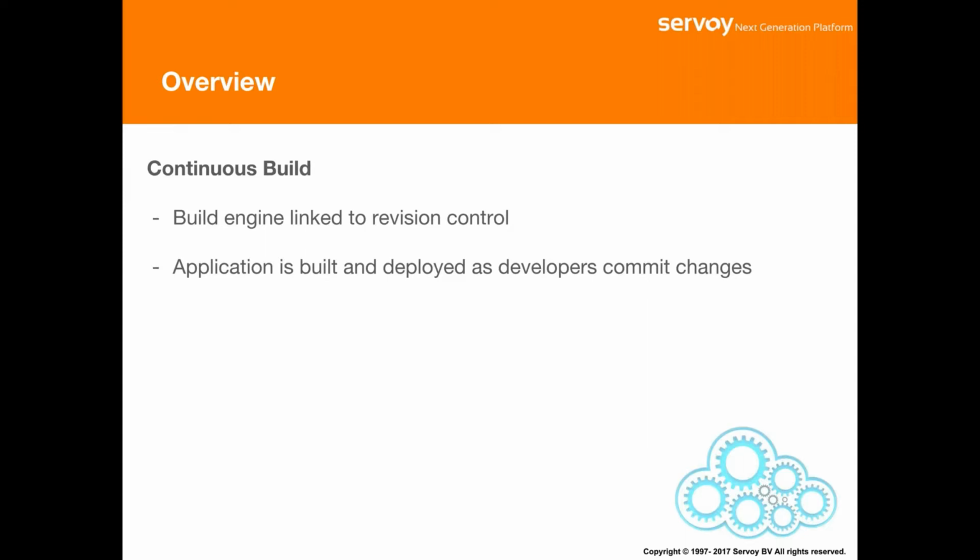So continuous build is really linked to revision control systems, source code management systems, and that can be done as a trigger. So every commit, it could be run. It could also be done on a frequency, so you could do it once an hour or something like that. The application is fully built and deployed to a server.